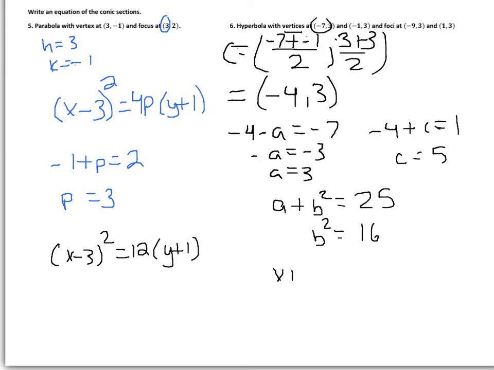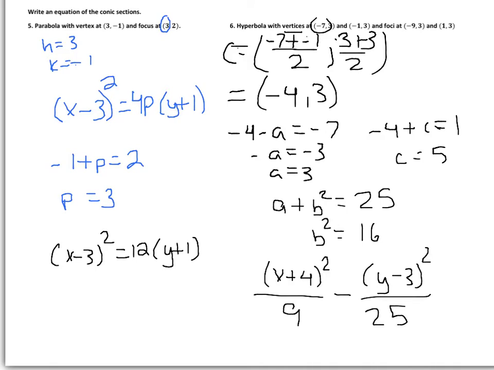So I have (x plus 4) squared divided by 9 minus (y minus 3) squared divided by 16 equals 1. Okay? So there we go. Those same steps basically for the ellipse as well. Okay, you just need to be able to apply those equations.